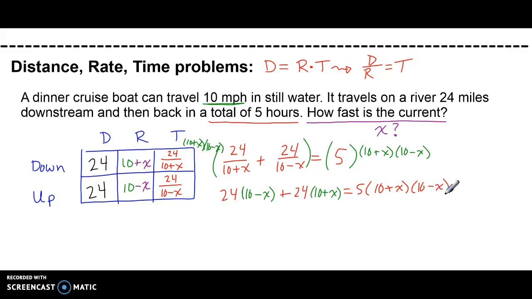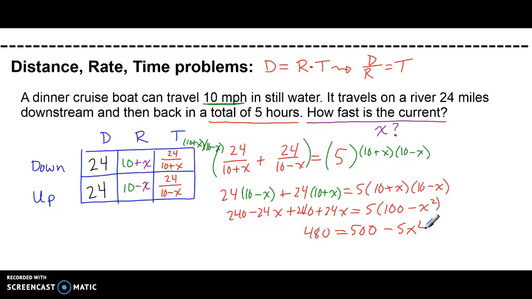So a lot of parentheses, you do a lot of distribution. And then you collect your like terms, which means those 24 x's are going to cancel each other out. But the important thing here is that you're ending up with a quadratic equation.